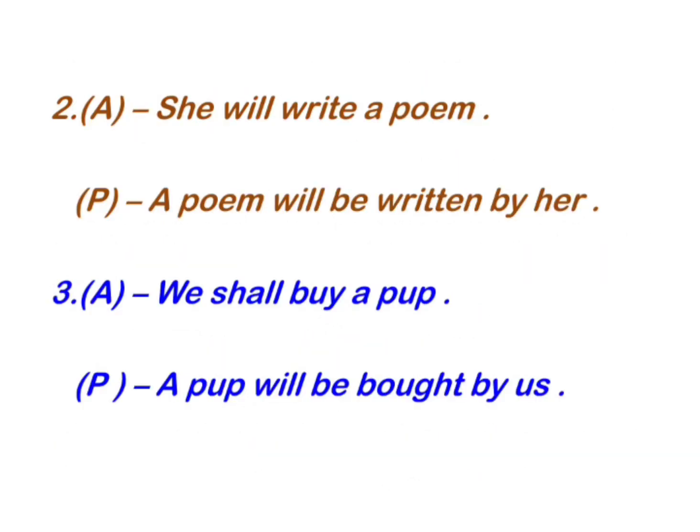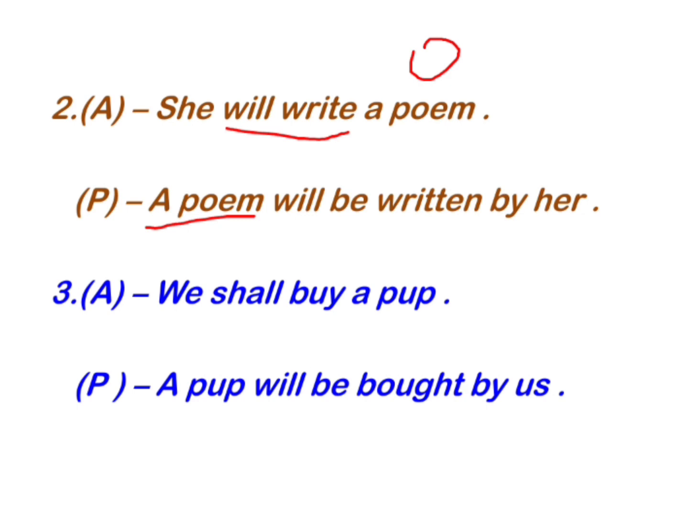Next, she will write a poem. Here she is the subject, will write is the verb. What will she write? A poem. So this is the object. The object in the active voice will become the subject in the passive voice. So we write a poem.